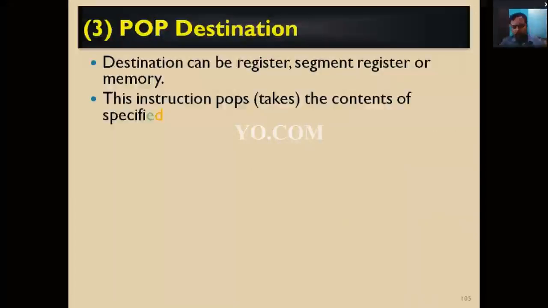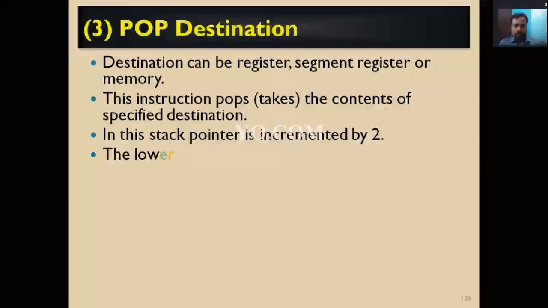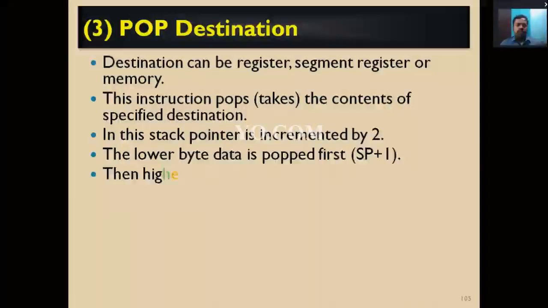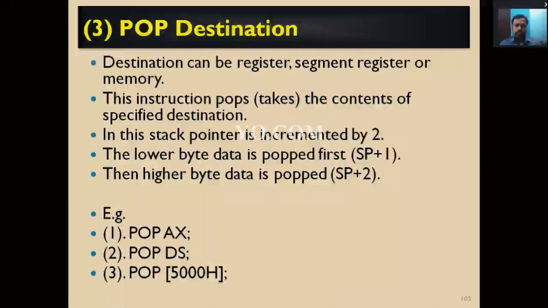Then the pop instruction. Pop is just the opposite of push. Push is loading data to the stack. Pop instruction is taking the data from the stack. It has the same format as the push instruction. While taking the data from the stack, the stack pointer is incremented.